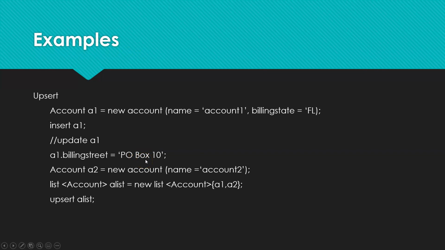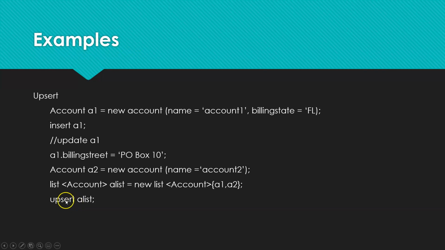And then I'm going to create a new account. I'll call it A2, and the new account will have a name of account 2. And I'll add both of these, A1 and A2, into my list here called A list. And here I go, adding both A1 and A2.